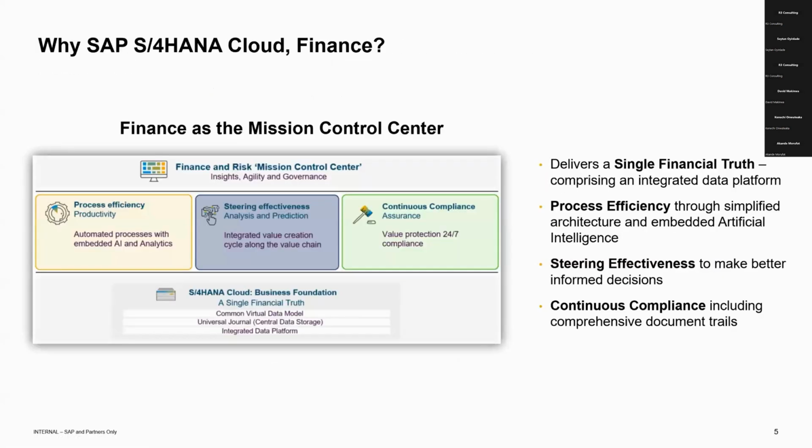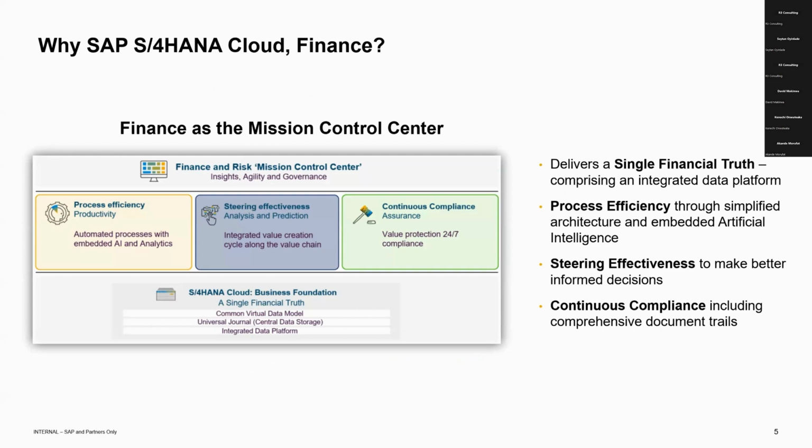So we talk about finance as the mission control center for every business, especially for large enterprises, where at the end of the day finance has to provide the essential information as a mission critical center.